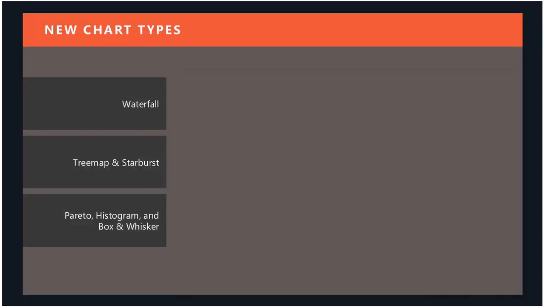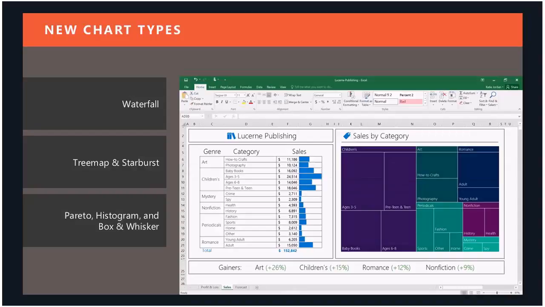Now, specific to Excel, it has added a whole bunch of new visualization charts for visualizing data: waterfall for financial data, histograms, box and whisker, Pareto, which is for statistical, tree map, and sunburst, which is hierarchical.